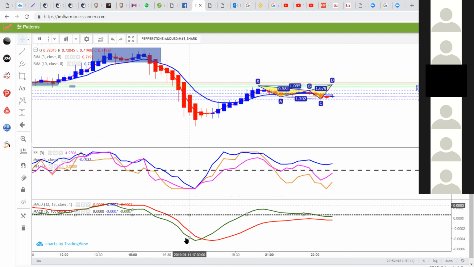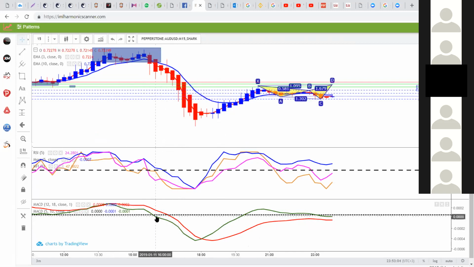Now, what does this tell you? When these two lines cross this signal line, it's called the signal line. When it crosses, it's a guarantee for you also to go. So you can see the three lines crossing here. Now, one thing about the MACD is that you don't have to wait for the red to cross.